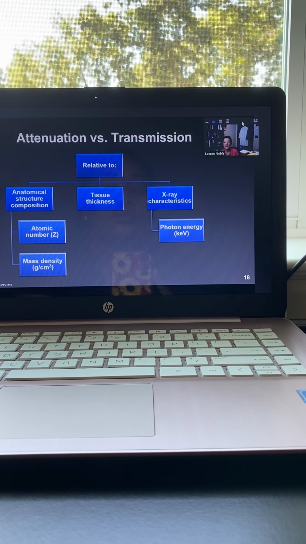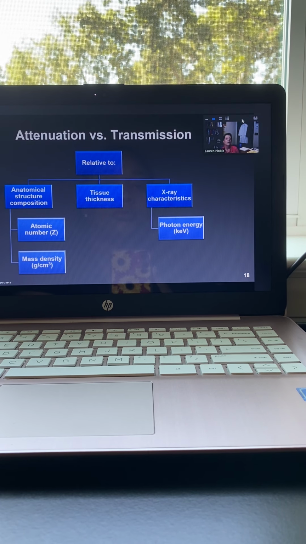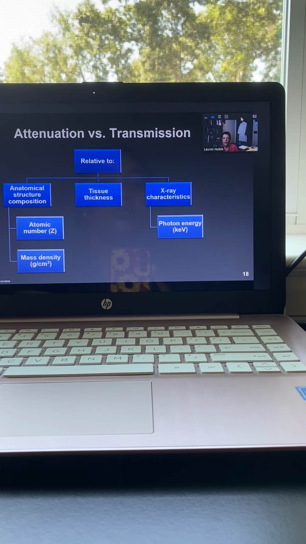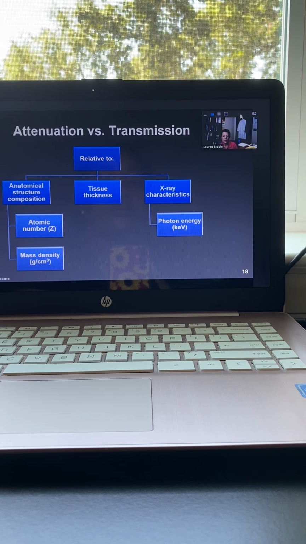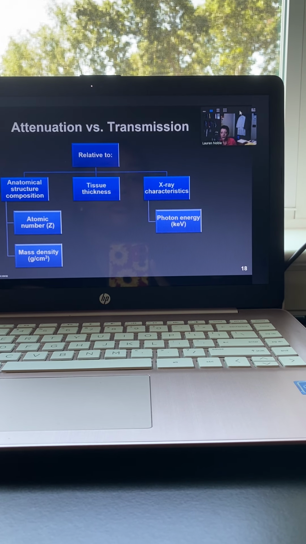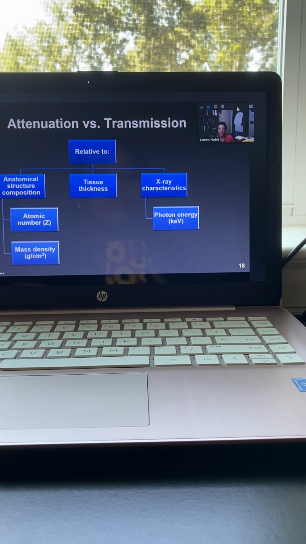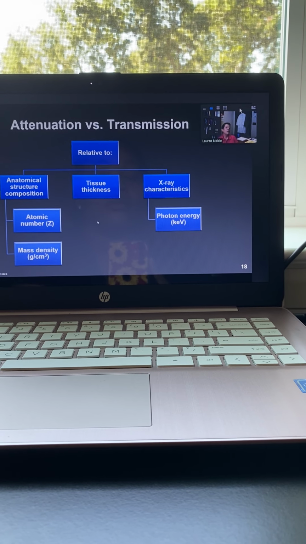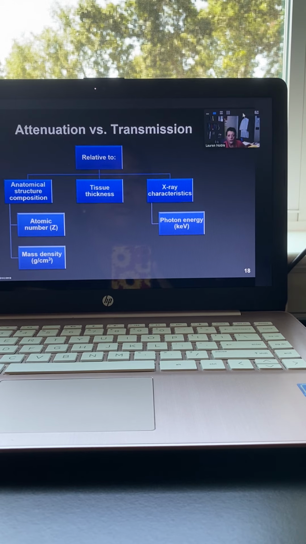What we're made of is going to impact X-rays going straight through versus X-rays that undergo an interaction, either photoelectric or Compton.